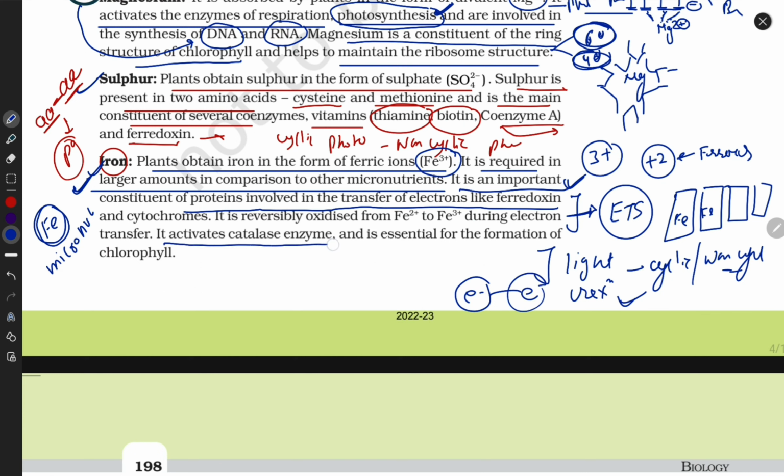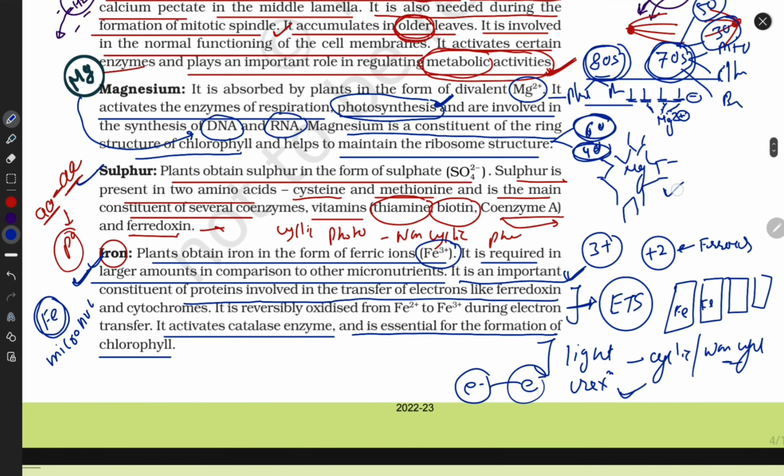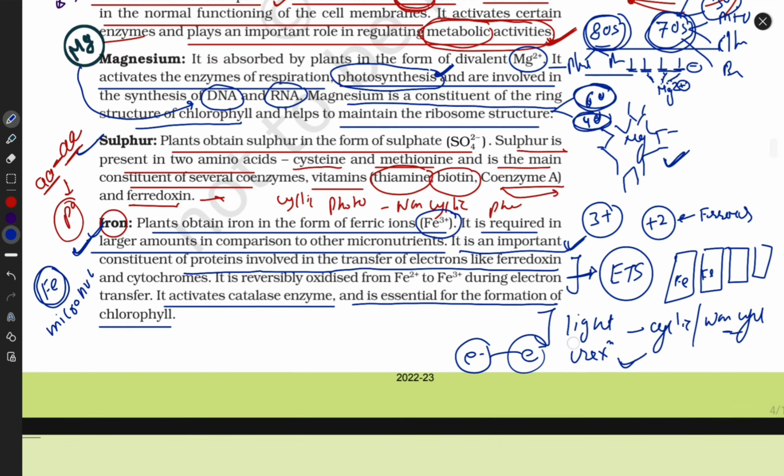It activates catalase enzyme and is essential for formation of chlorophyll. Magnesium is also essential for chlorophyll, helpful in chlorophyll structure.